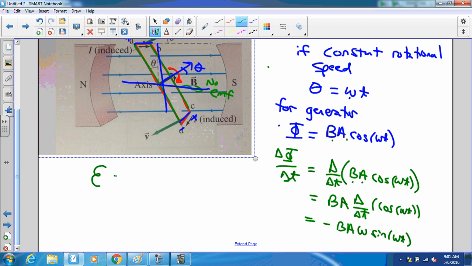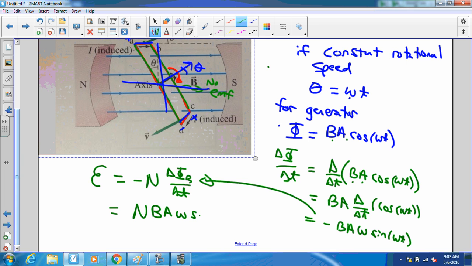And if we now plug this into Faraday's law of induction, EMF equals negative N times the change in flux over change in time, substituting this right in, I get positive N times B A omega sine omega t.